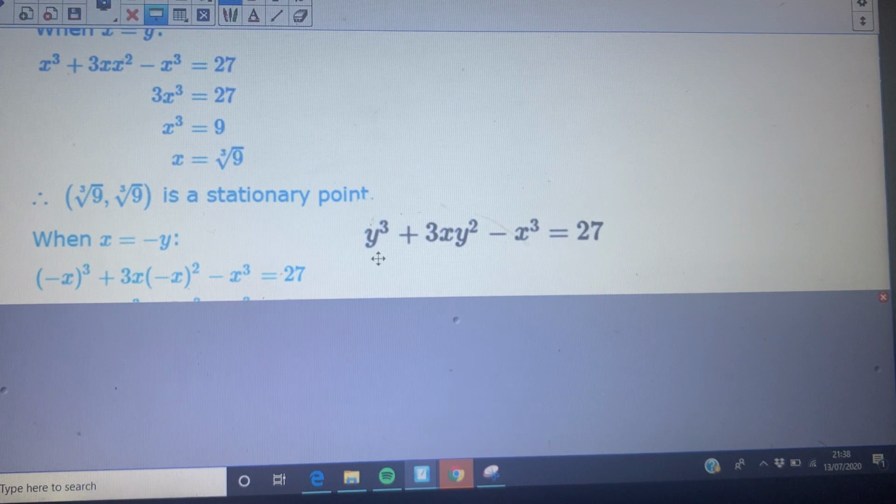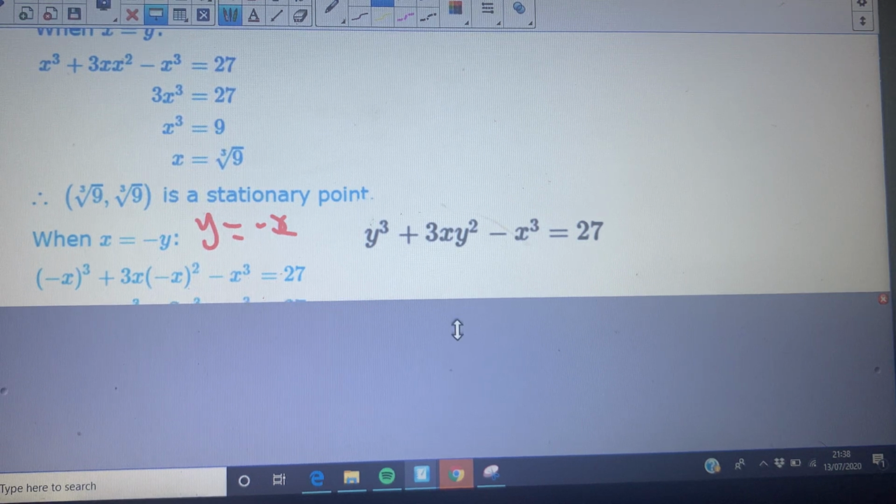So you've got, we're actually using y is minus x, aren't we? Y is minus x. So you're getting minus x cubed plus 3x minus x squared minus, and that's not being substituted in, that's fine.